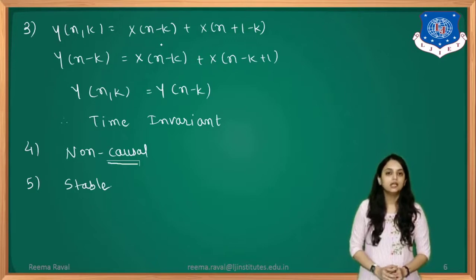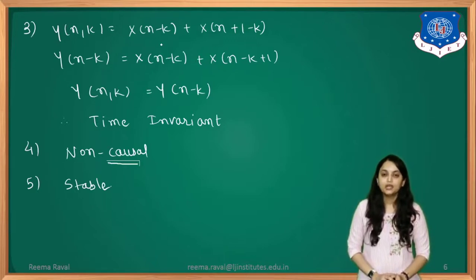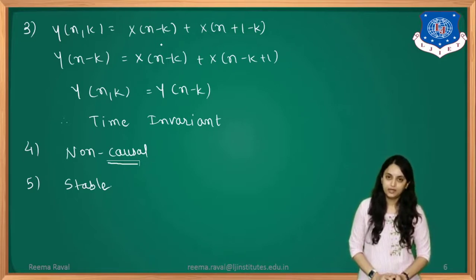The condition of BIBO states that if output becomes infinite for any of the values of input, it becomes unstable. But for finite values of the input, the system output will be finite. That's why it satisfies the condition of BIBO, which makes this a stable system. So these are the properties we have checked for the given system function.